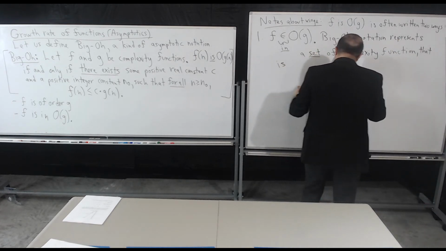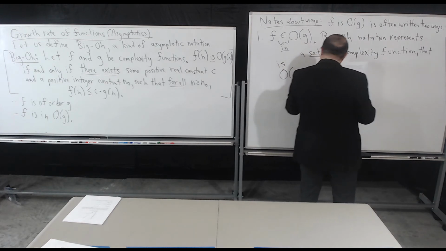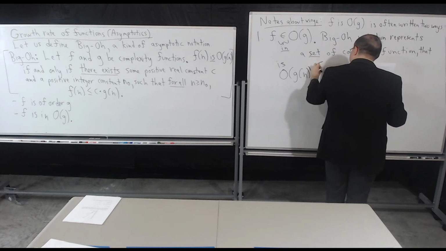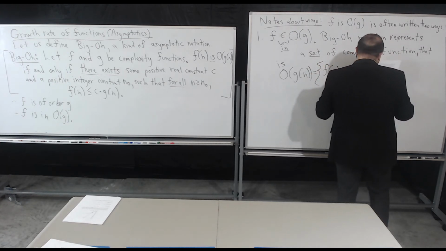So big O of g of n, like I said, I'm going to abuse a little bit of notation here or there because it's useful. Just don't do too much, okay?